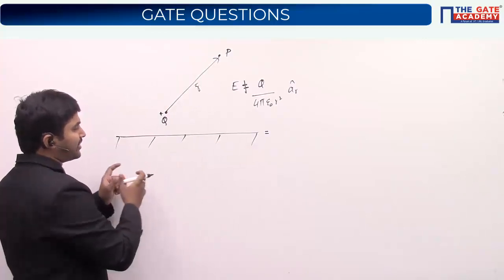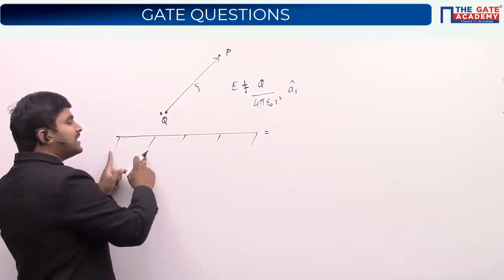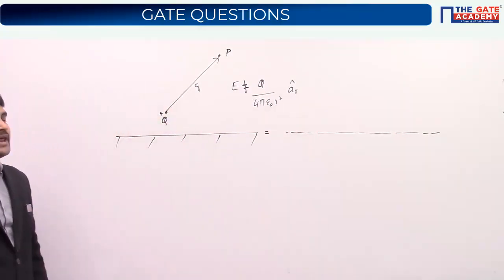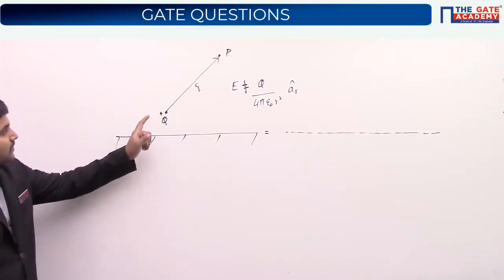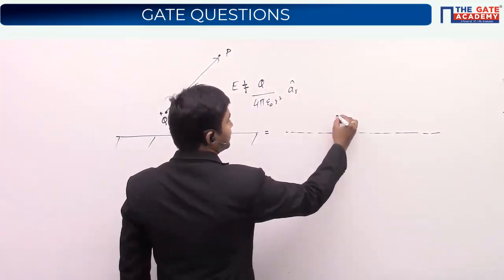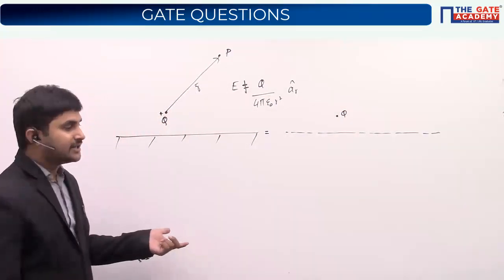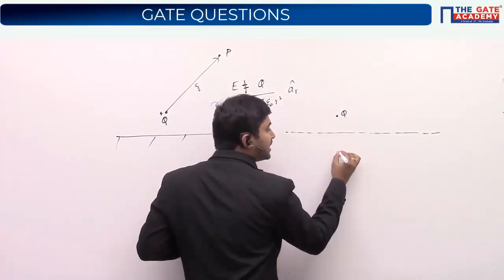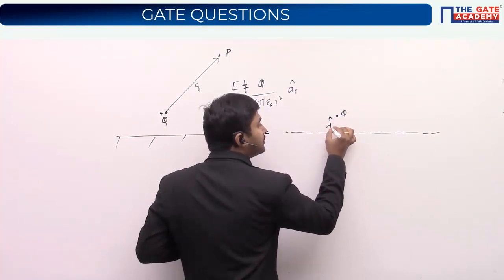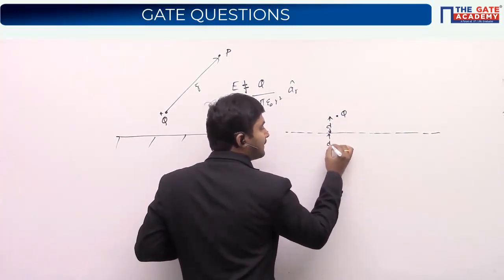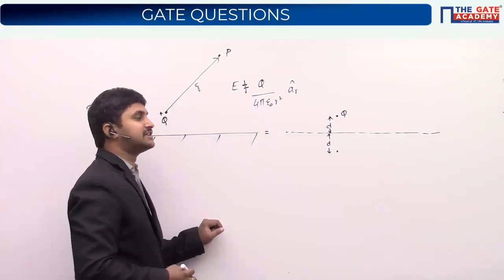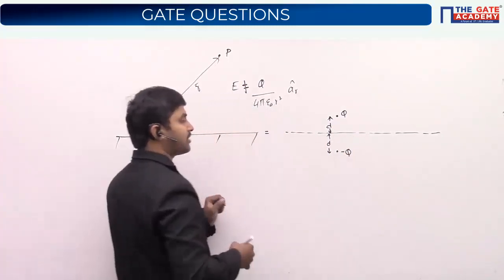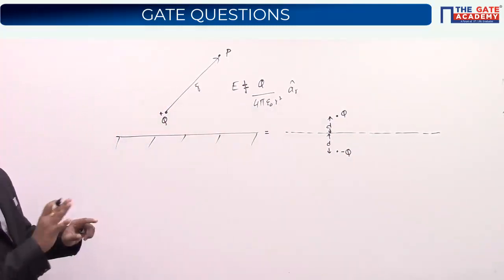So he said that if you have a metallic plane, please replace the metallic plane with an equipotential surface, keep the charge by itself, and keep an extra charge which is the image of this charge at exactly the same distance but below this equipotential surface. Because it's an image charge, we are going to call this minus Q. And we know why we are writing minus, because the negative charge is going to be induced inside it.